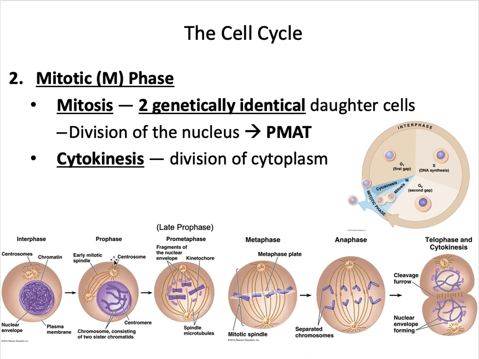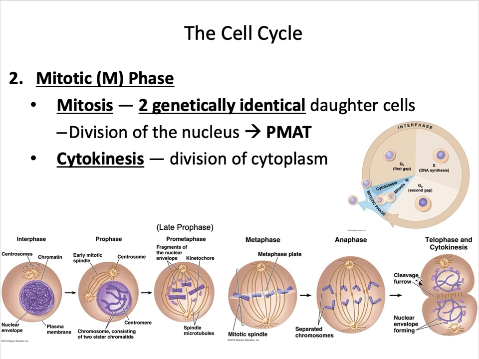Don't worry about early prophase, prophase, or late prophase. On the exam, we would just ask you if it's prophase. The next phases would be metaphase, anaphase, and then telophase. So these are the 4 phases of mitosis.